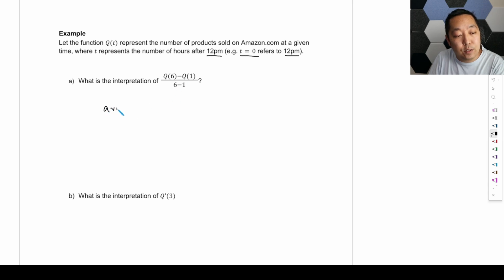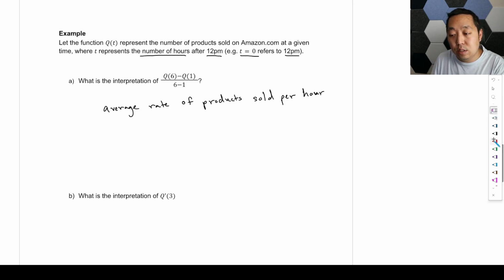So it is the average rate of products sold per the x variable. The y variable is number of products sold. The bottom variable is time, in hours. It's the average rate of products sold per hour. So not per hours, per hour.